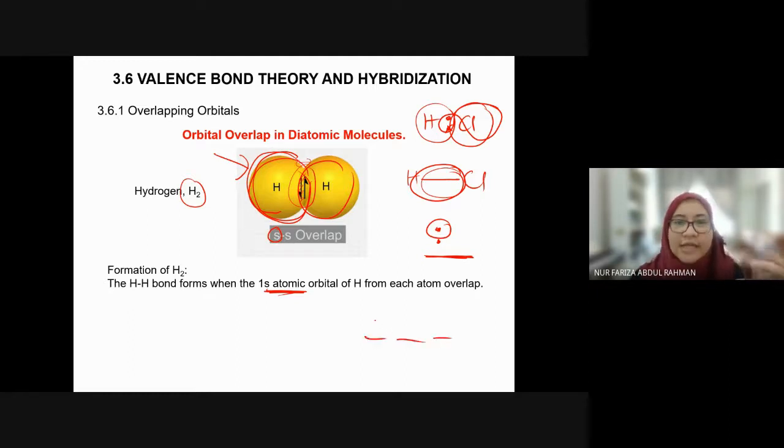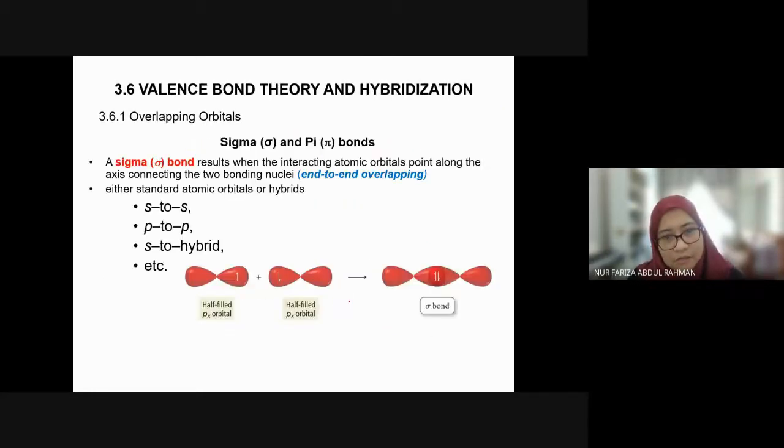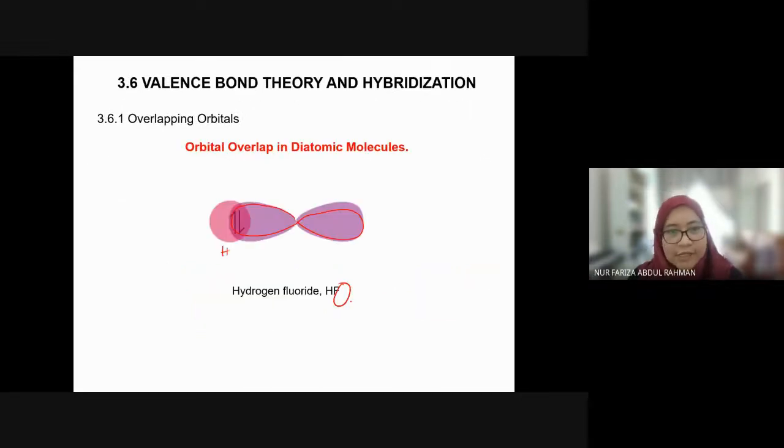So to represent that we have to show the arrow, which is actually the spin of the electron, pointing upward or downward. So we will use arrows up and down, not dots. Okay, any other question? Okay, none. Proceed.